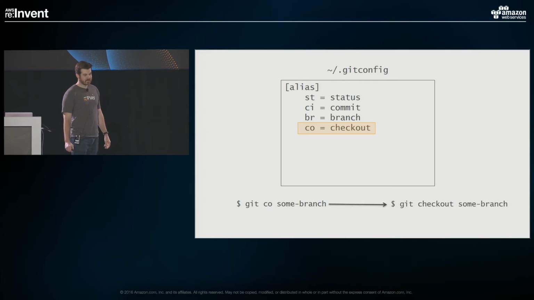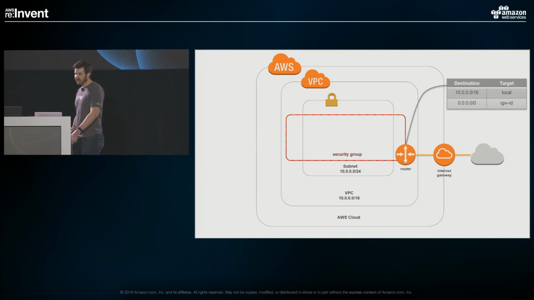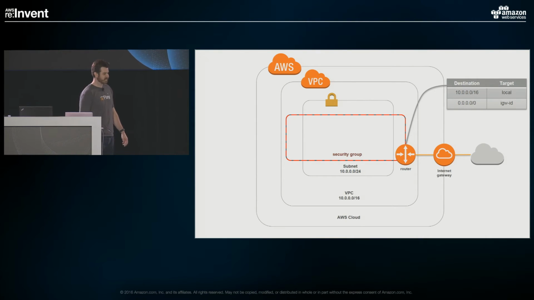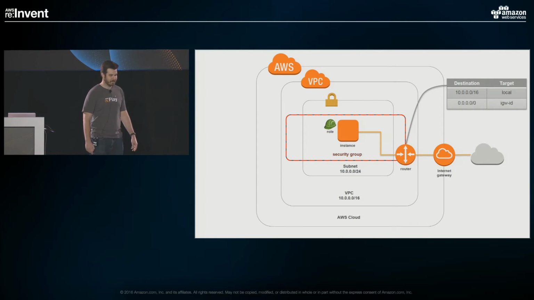I can go ahead and talk about this in slides, but what I want to do is go through a demo and show you how you can build up aliases and all the really cool functionality that you can get out of aliases, and how that can really improve your productivity as a CLI user. To illustrate this, we're going to go back to our sample application and create our EC2 instance and our role and launch those.